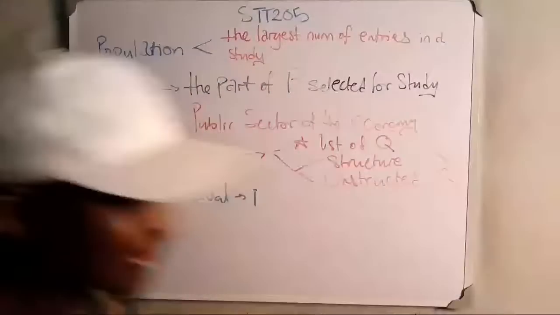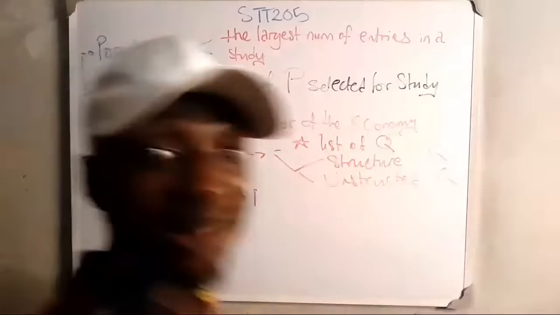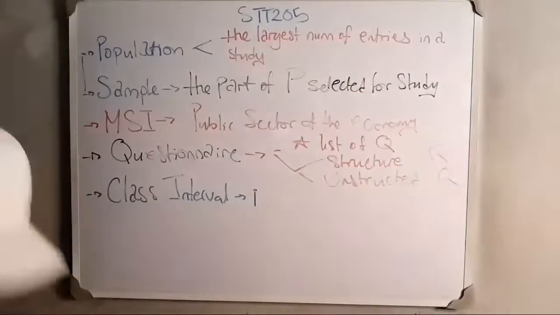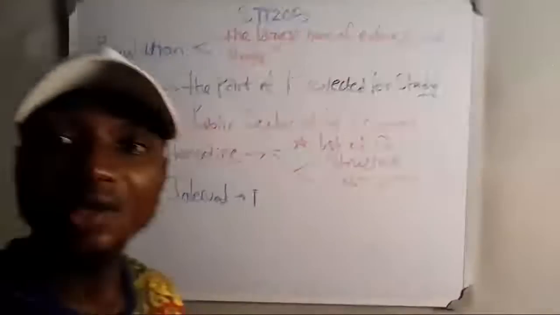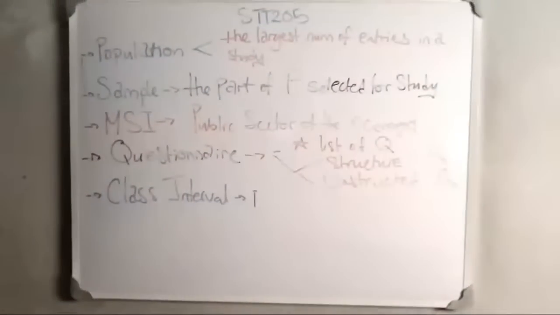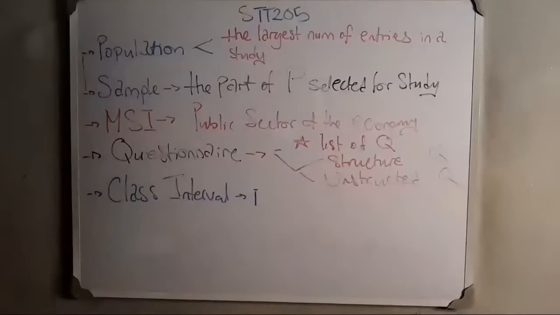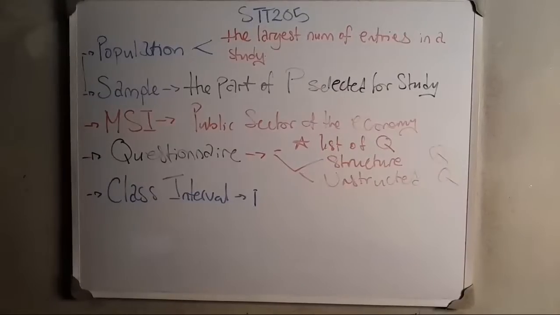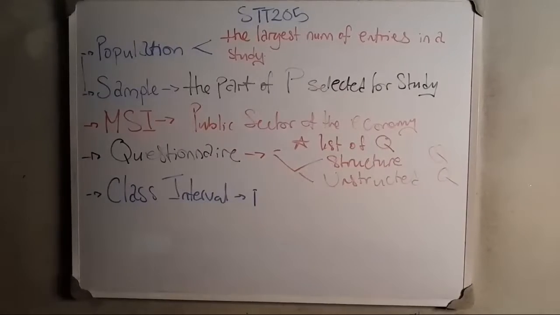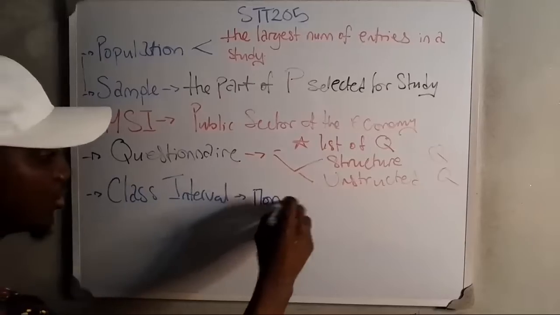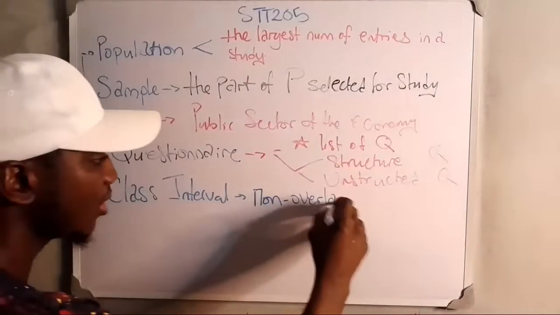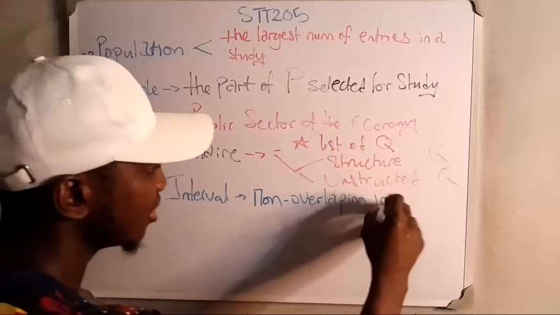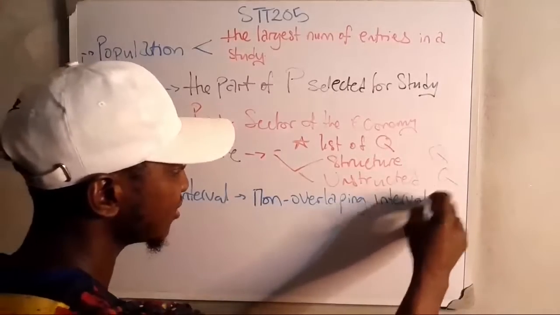Something happening at a particular time, the next happening at a particular time, and all these occurrences have nothing in common. They are mutually exclusive. So let's take this down: non-overlapping intervals.